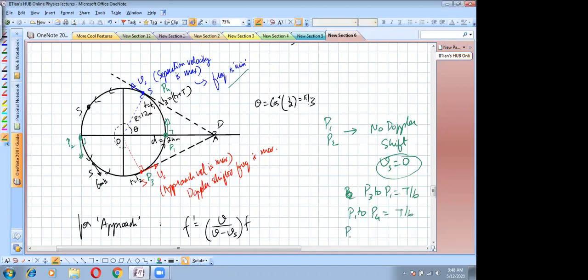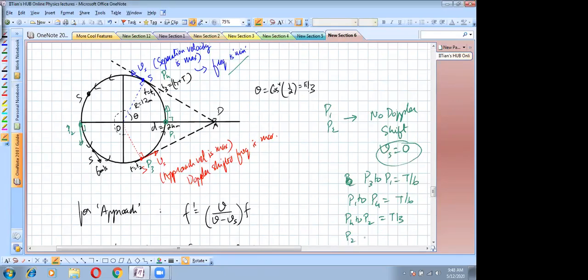Then to go from P4 to P2, that is from minimum frequency position to normal frequency position, the angle you can see is 120. So 120 is 1/3 of a cycle. And again, to go from P2, where the frequency is normal, to P3, where the frequency is maximum, again takes 1/3 of the cycle.